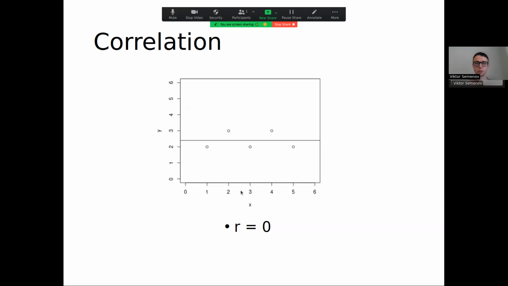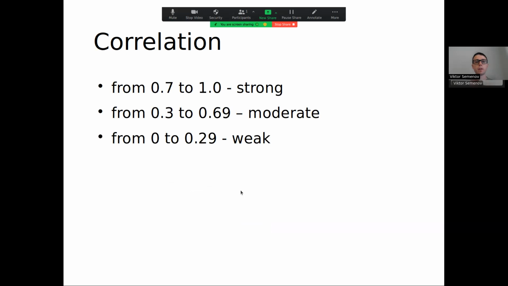So, 0 correlation coefficient. How do we classify the correlation coefficient? We've said earlier that it can vary from +1 to -1. And roughly we can divide it into 3 categories. If it stands from 0 to plus or minus 0.29, this correlation will be called weak. So very weak dependency between the values.